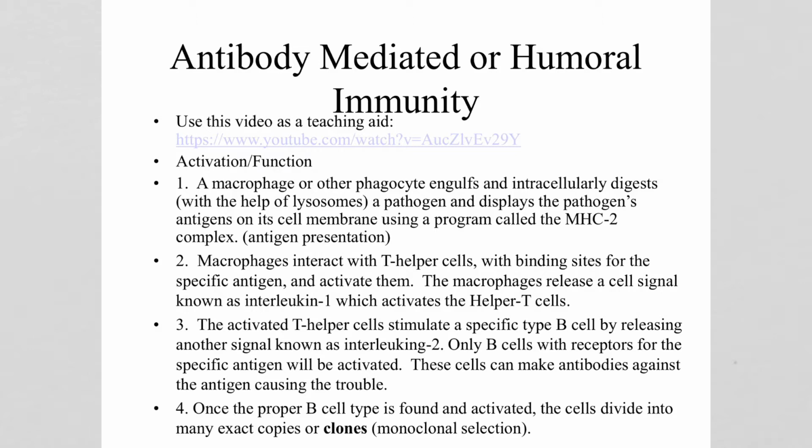First of all, it's activated when a macrophage or some other phagocyte, a cell that engulfs germs, engulfs those things, does what's called intracellular digestion on them, using lysosomes to break them down into pieces. And then it displays some antigens, some proteins from the pathogen, on its own cell membrane, using a protein called the MHC2 complex.